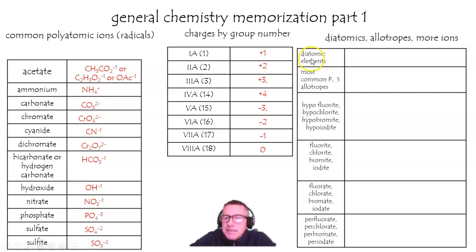Many elements like to bond to themselves. We call them the diatomic elements. Which elements on the periodic table happen to bond to each other? This is handy. So if I said something's reacting with hydrogen, you wouldn't be thinking of H, you'd be thinking of H2. And the memorization is somebody's name. That is H. Bronclife.